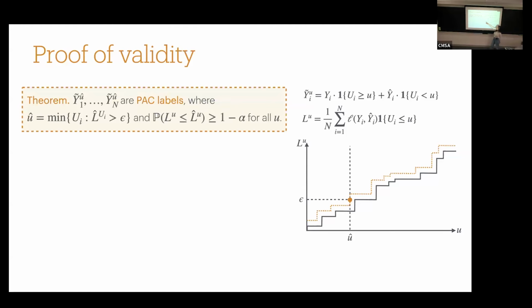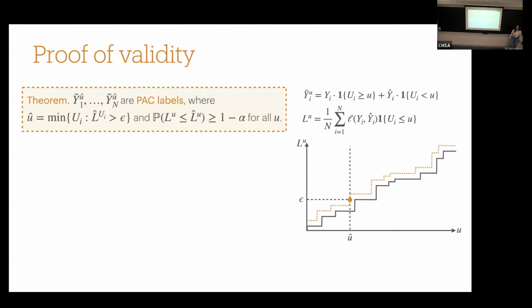We'll assume that we have this upper confidence bound L hat u, and that for all u, it's a valid 1 minus alpha upper confidence bound. Note that I'm not requiring this to be valid simultaneously for all u, but only valid marginally at every u.